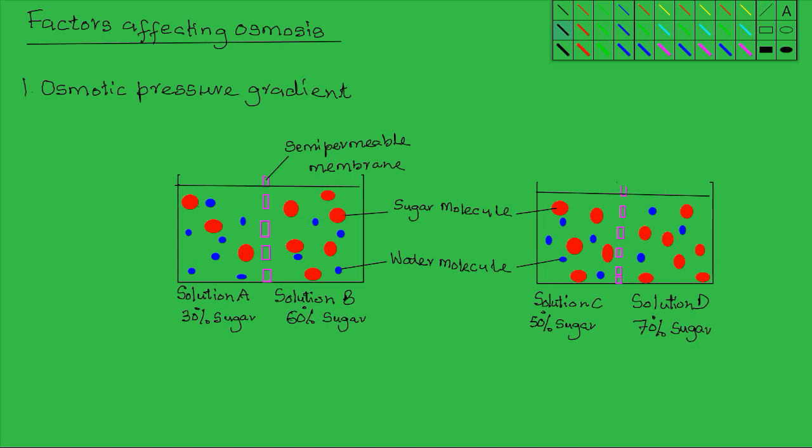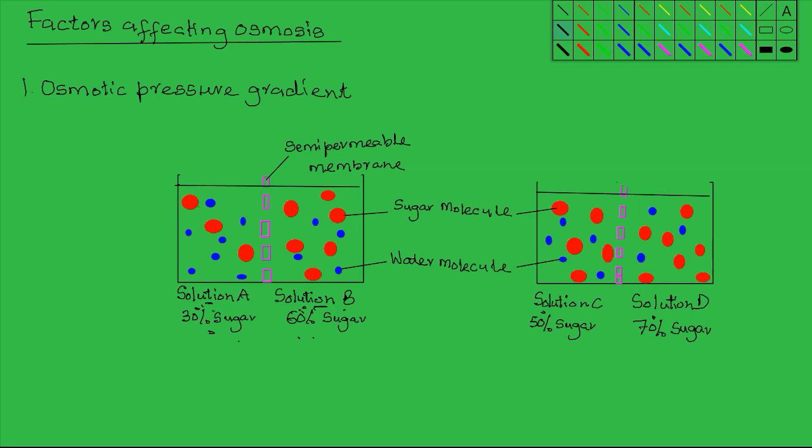In terms of solid concentration, solution B has a higher solid concentration than solution A. And for that reason, solution B will develop a higher osmotic pressure compared to solution A. And as you'll remember, osmosis always takes place from a region of high water concentration or low solid concentration to a region of high solid concentration. In this particular case, osmosis will take place from solution A, where there is a high water concentration, to solution B.